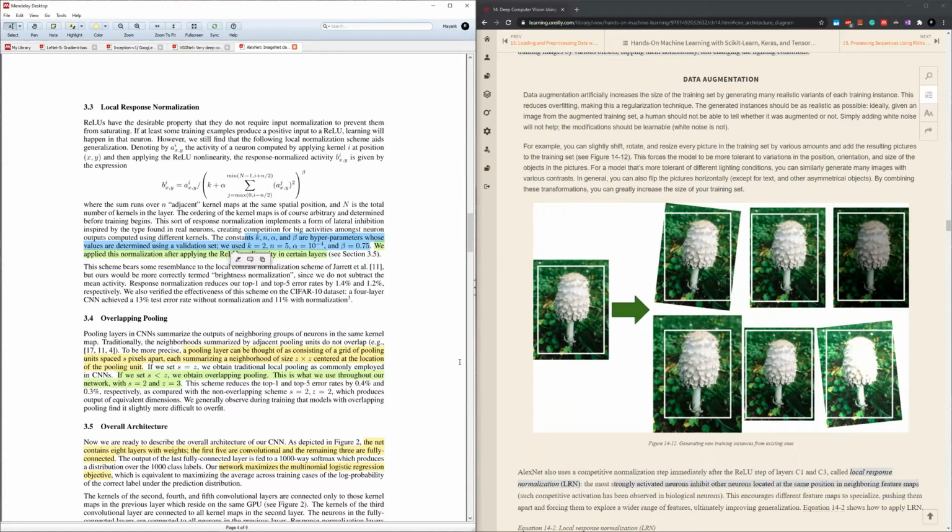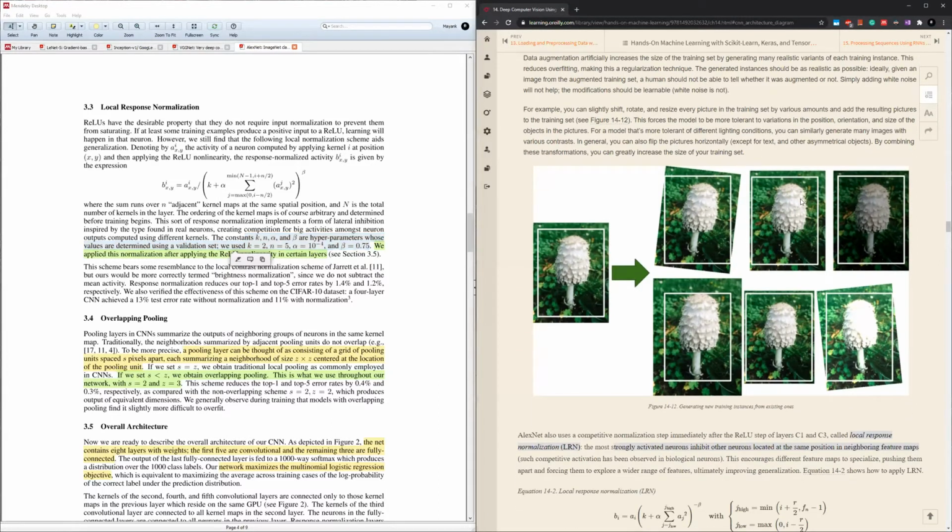Those are hyperparameters that you fix: the constants k, n, alpha, beta. So they're not trained in the model. Whereas when you use batch norm or the other things, those are trained with backprop.